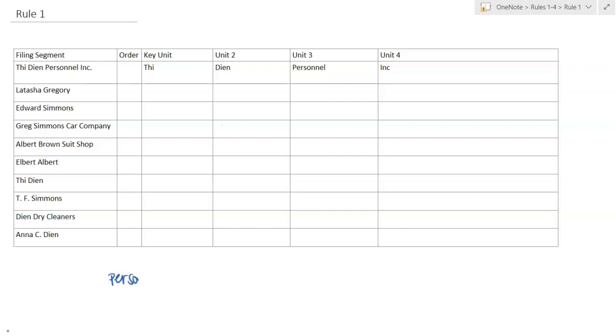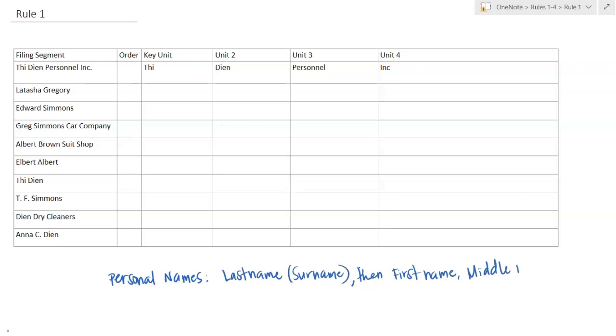That means that for personal names, you file first by last name, also known as the surname, then the first name, and then if there's a middle initial or middle name, that would go last. Okay, so that's Rule 1A.